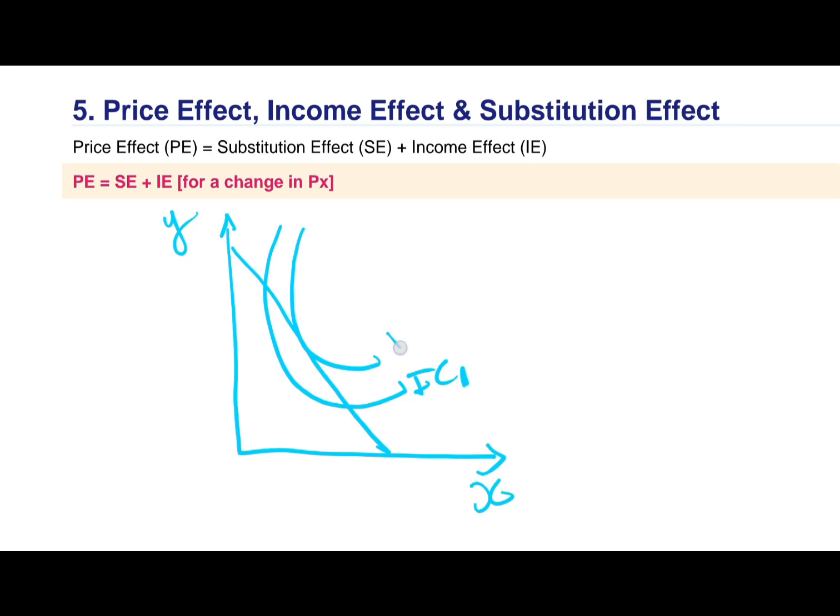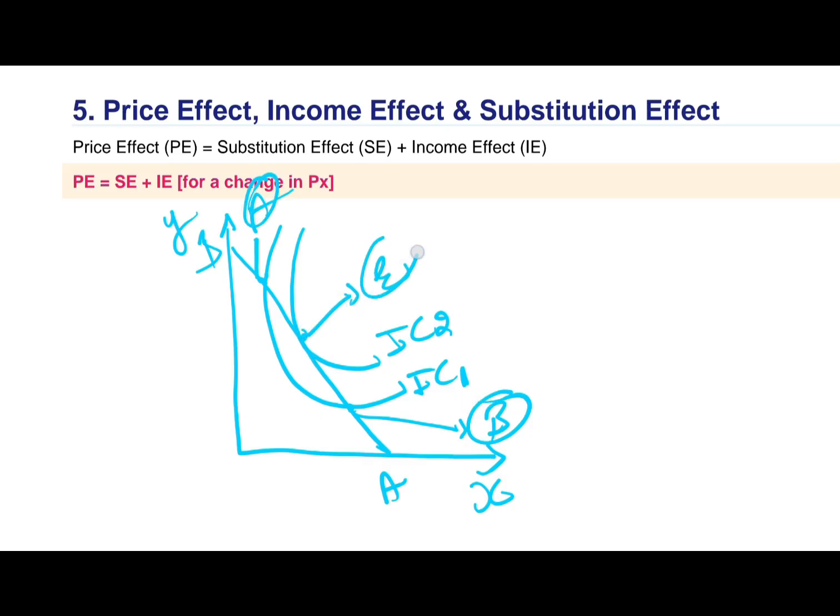This is IC1, this is IC2, this is our budget line. There is point A, this is point B, and this is point E.